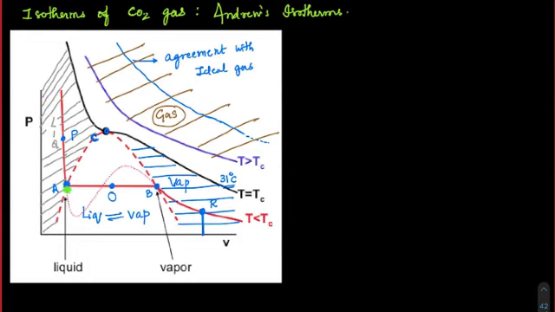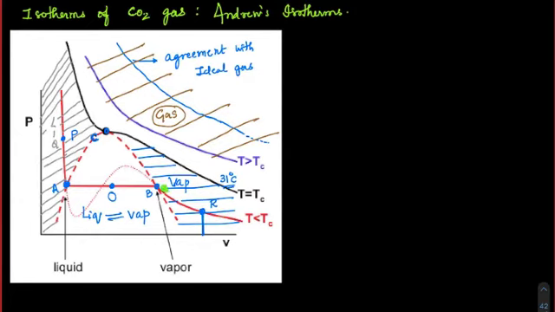And here what we have is, at this point A, we have converted into liquid. Which means, can I say, on this side it is still behaving slightly like an ideal gas, because you can see the graph is almost like an exponentially decreasing function.